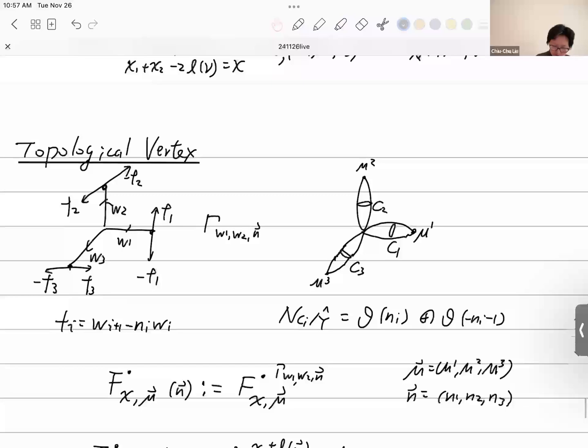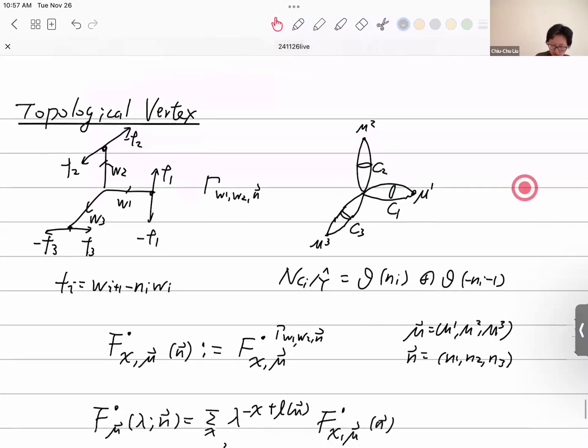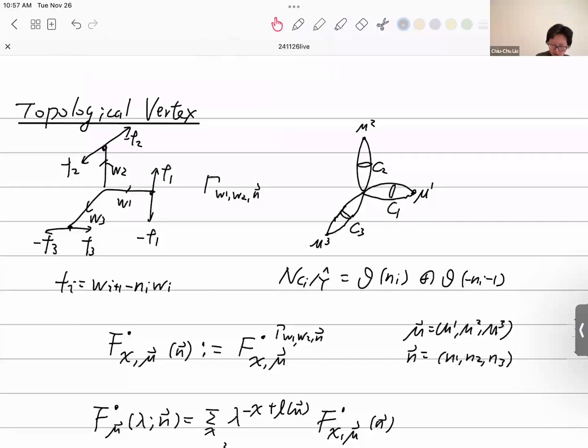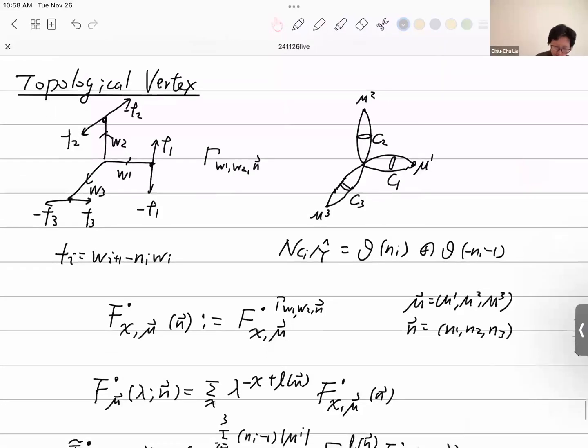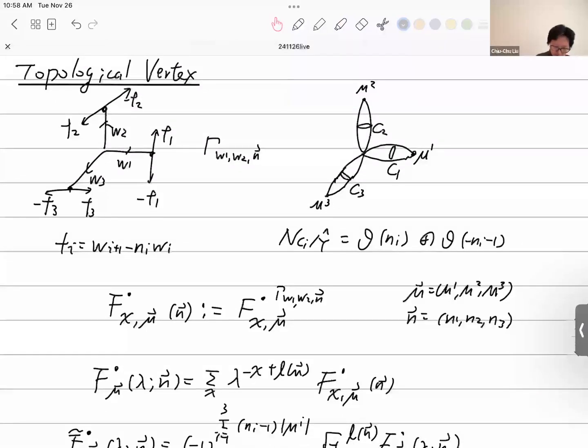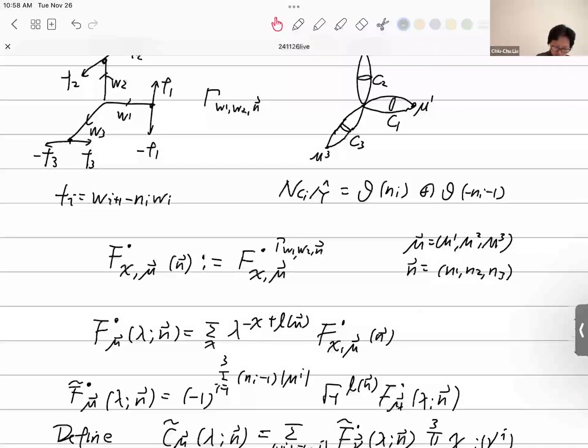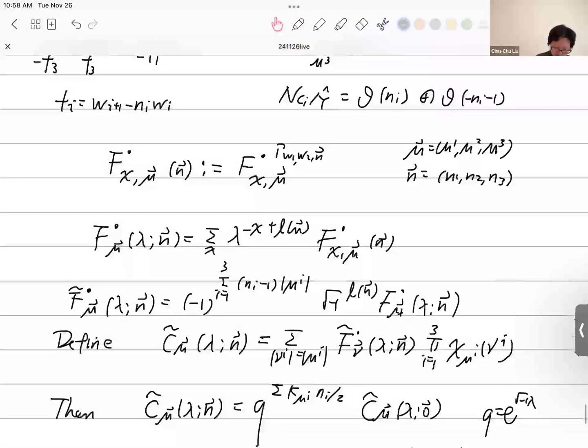It will be a relative invariant, and it will depend on three partitions. And the framing corresponds to the splitting of the normal bundle of C1, C2, and C3. So we define this and we form a generating function.